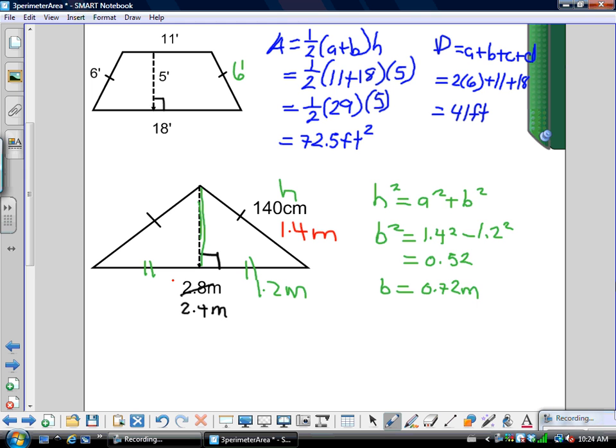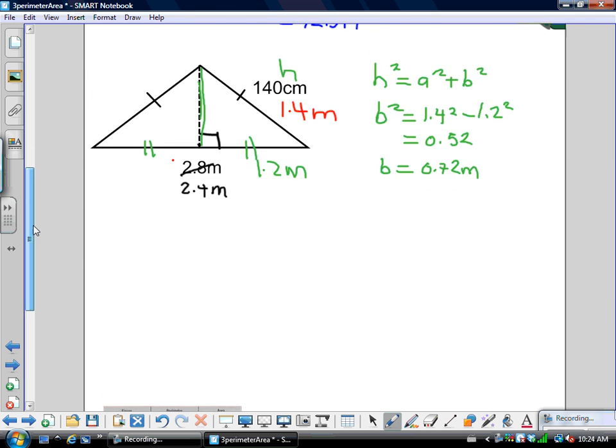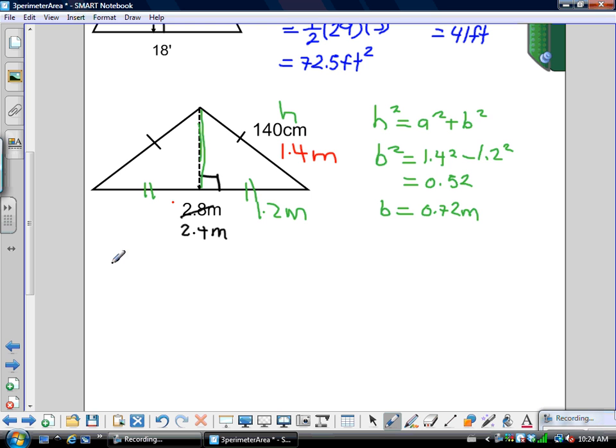So now when I'm looking at finding the area, our formula says area equals 1/2 base times height. So that's going to be 1/2. The base we're going to use is the whole base. So it's not 1.2, it's 2.4.